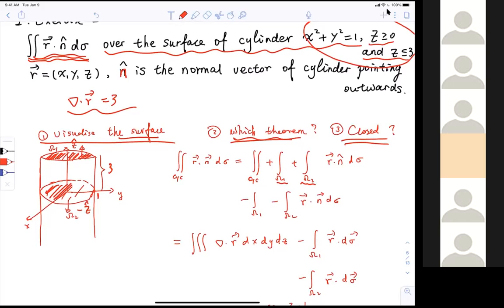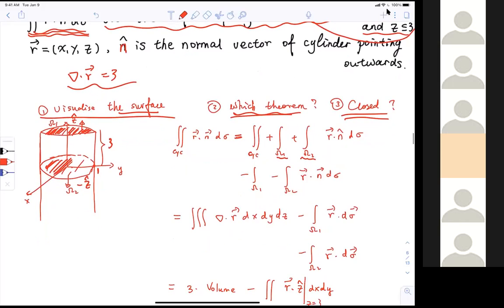But to make this an equal sign, you need to subtract omega 1 and omega 2, right? So we combine the first three integrals, and we get a closed surface integral. And for this, we can apply the divergence theorem.